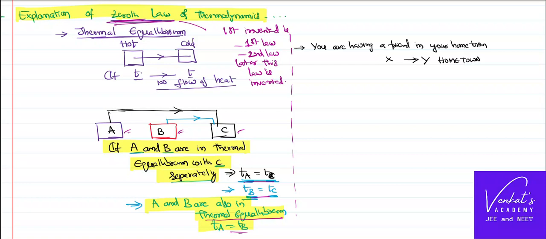Now you have moved to a city, and there you got a new friend Z in the new city where you have relocated yourself. So for you, Y is a friend, Z is a friend. That doesn't mean Y and Z are friends. They are not at all known to each other. They are not friends. So you cannot apply the zeroth law of thermodynamics everywhere.